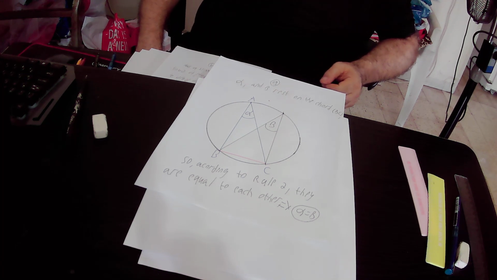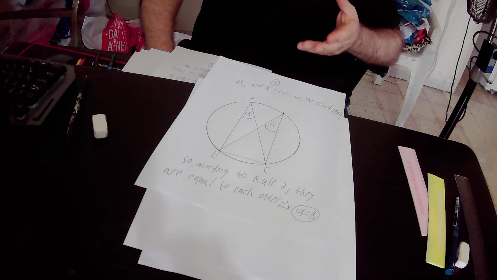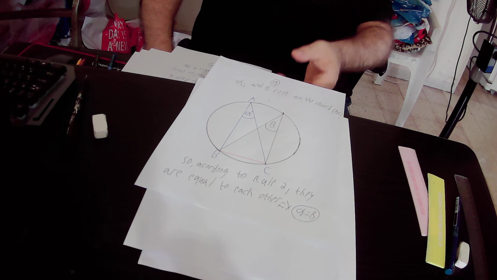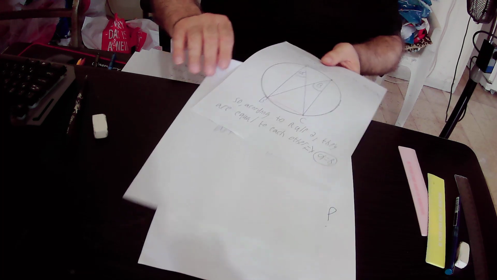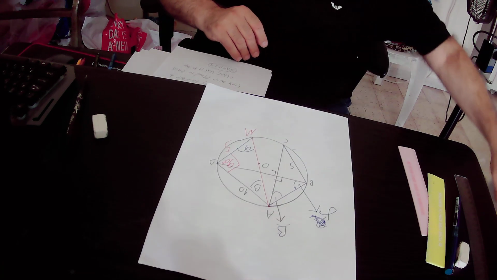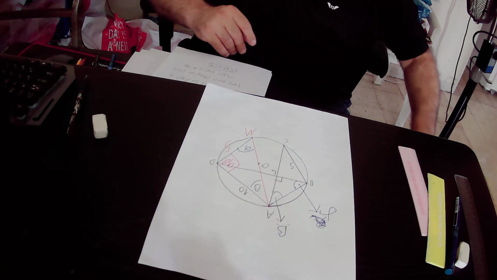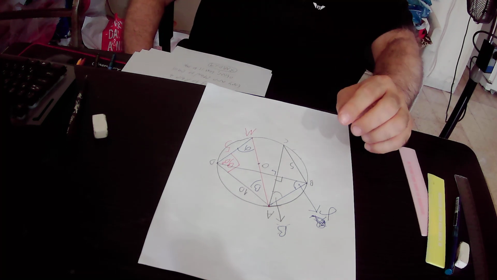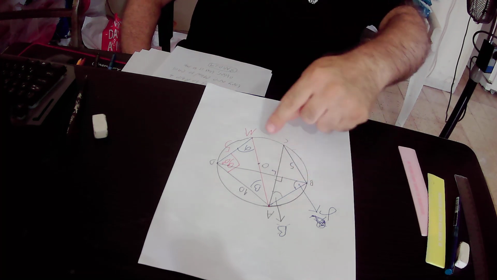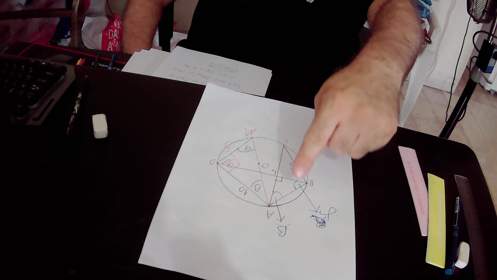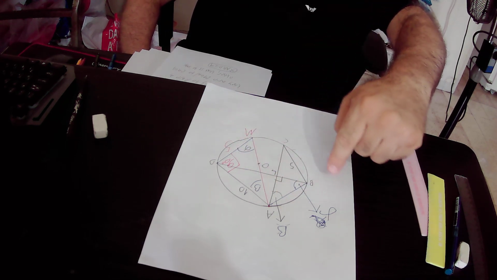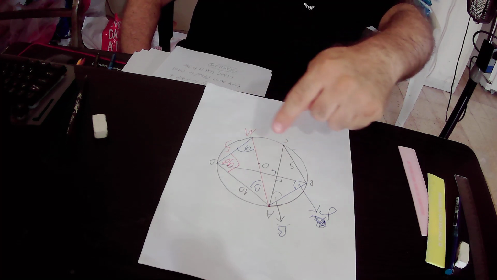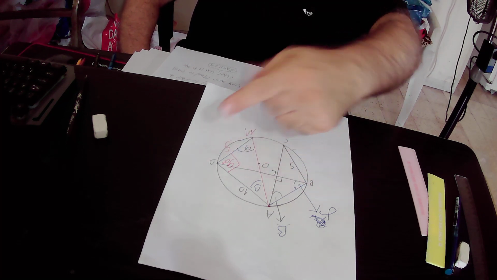Okay, so we can implement rule number 2 in our circle. Because we have angle AMD that equals alpha and it rests on chord AD. And we also have angle ABD that rests on the same chord AD.